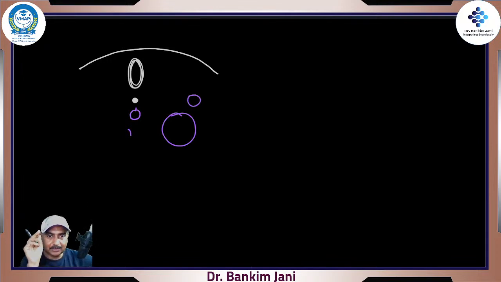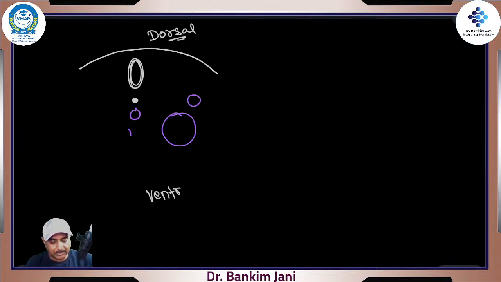This is where you have to remember. I'll just write two things and you have to imagine. This is the dorsal part, the posterior part, and this one is the ventral or the anterior part, because that's where the spinal cord will be developed, so obviously it has to be posterior.